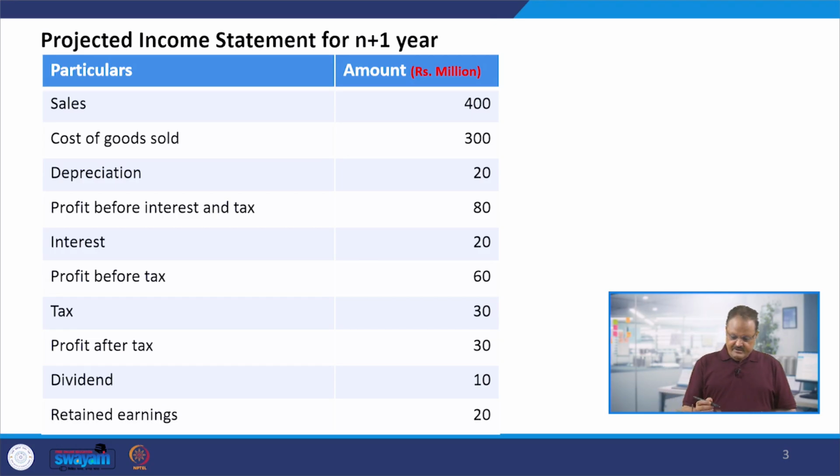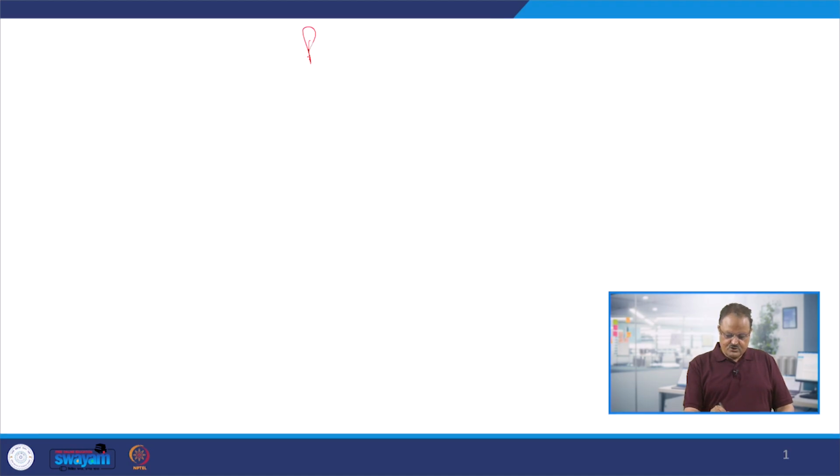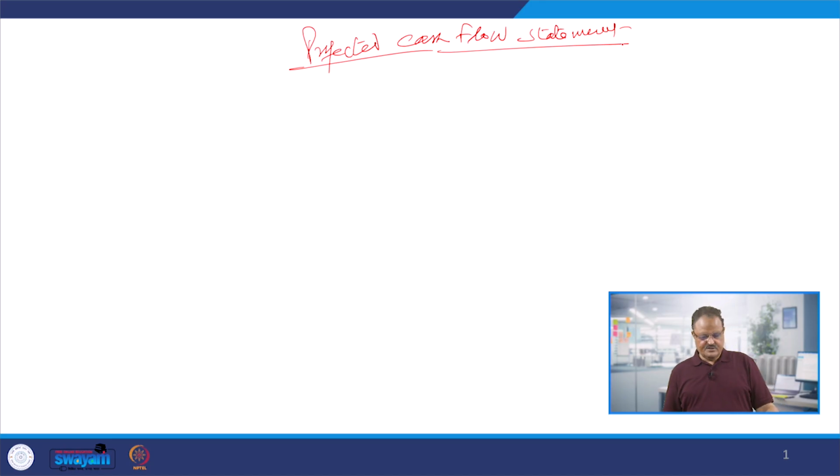And for preparing the projected cash flow statement, we will be preparing this format. So, we will write here: projected cash flow statement, right.